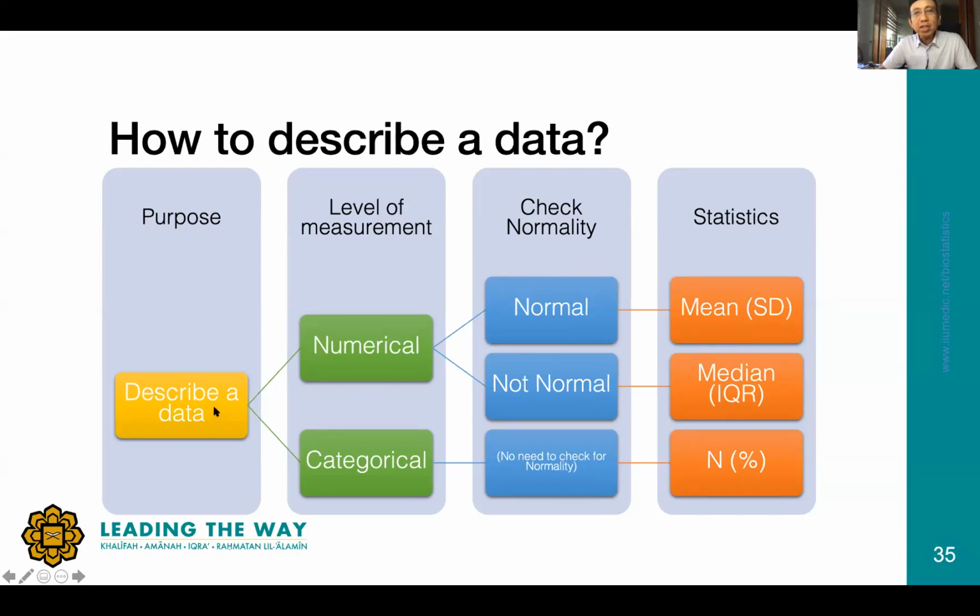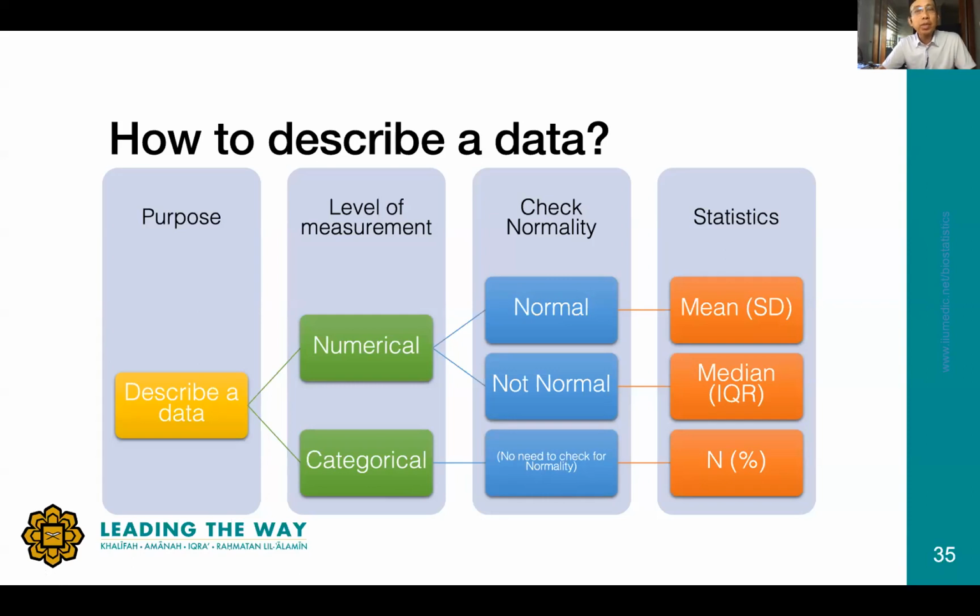Now, if age I categorize into children, young adult, elderly, for example 3 categories, then obviously they are categorical. For categorical data, you do not need to check for normality. Very easy for categorical. Straight away you use count and percentage. If data is categorical, life is easy, no need to check normality.